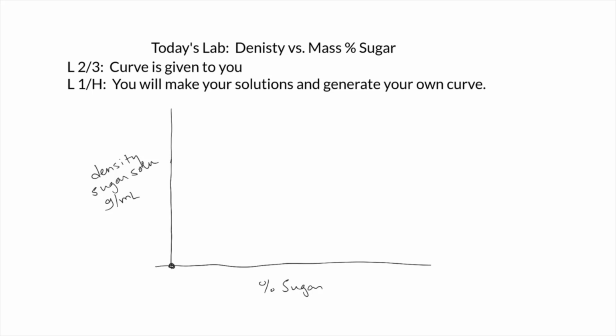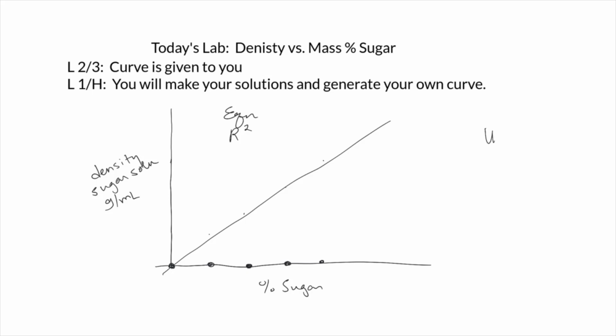And we're going to have 0% sugar, 5% sugar, 10% sugar, 15, and 20. For level 1 in honors, you're going to get the density of each of those known concentrations. You're going to plot it on a graph. You're going to get the line. You're going to get the equation and your R squared. For the level 2-3, I'm giving you the graph.